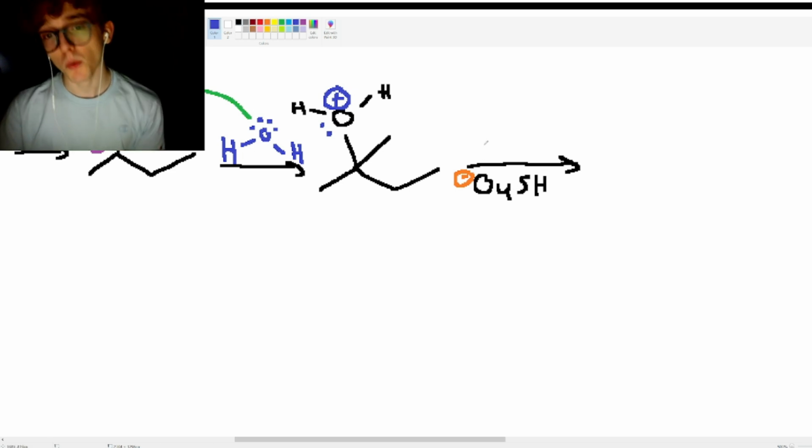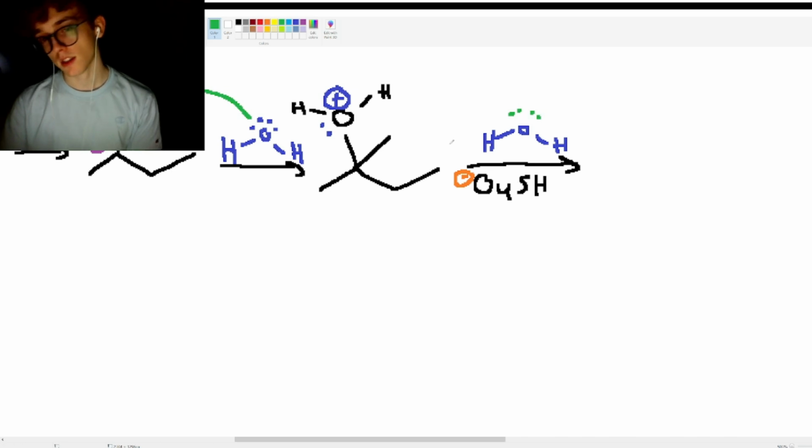You have a lot more water. So you're most likely to see it from water doing this deprotonation instead of our conjugate base from our strong acid. And that's important, but I know most professors don't really care which one you pick. Just try to stay as consistent as you can.